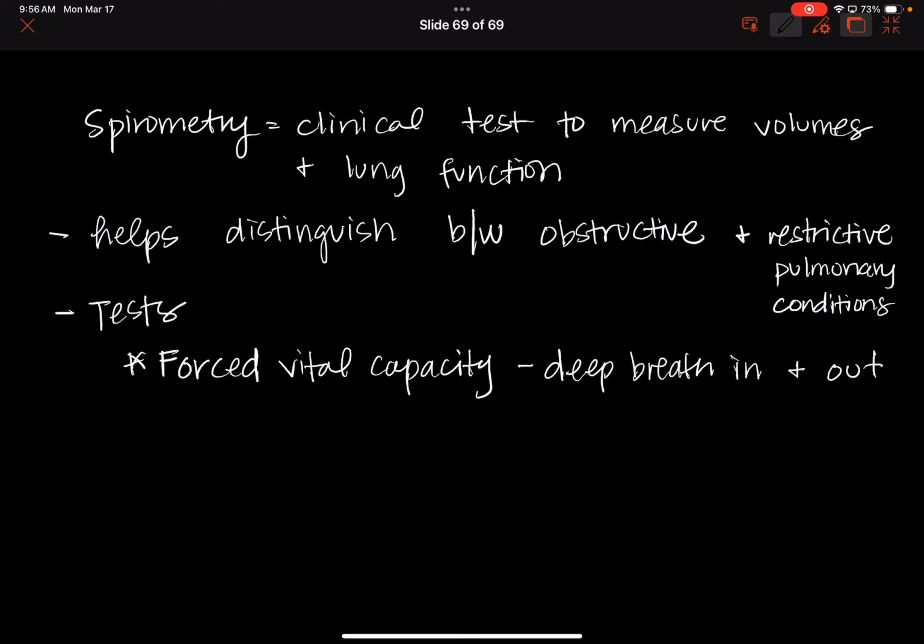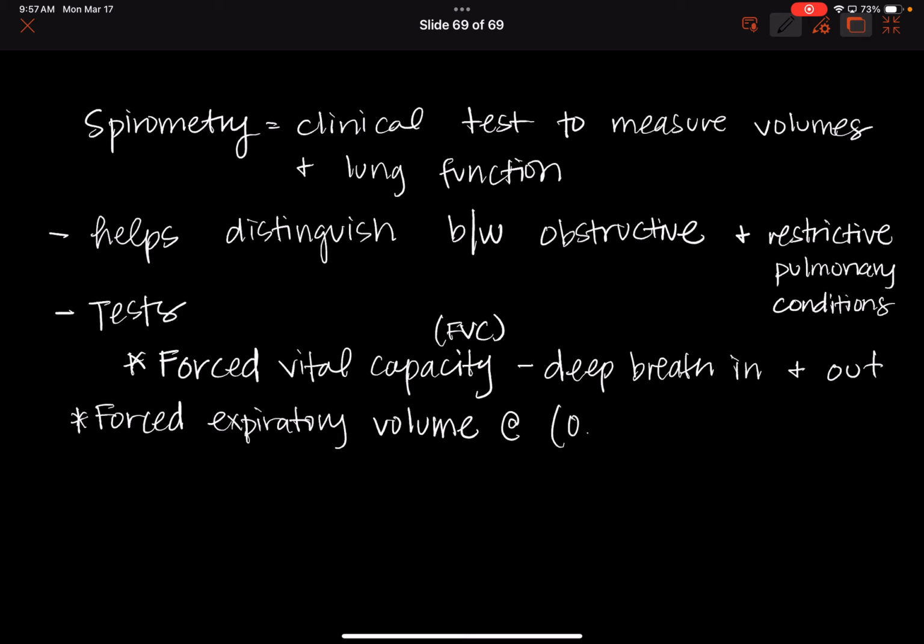And then they'll also measure something called, and this is FVC, they will also measure your forced expiratory volume. So just breathing out. And they measure it at different time frames.